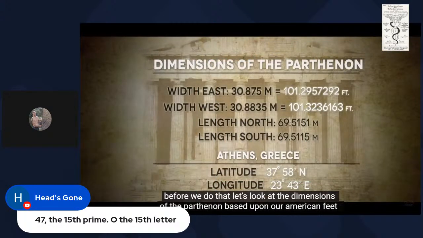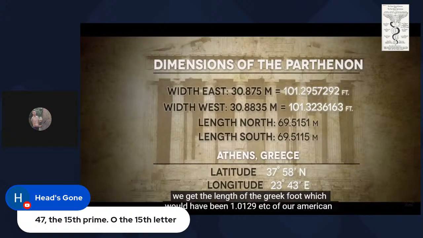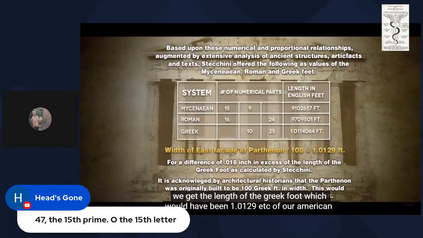Based upon our American feet that we use, the east facade is 101.2957 feet. So if we divide that by 100, we get the length of the Greek foot, which would have been 1.0129, etc., of our American, which are actually the British feet. Okay, I better write that down so we don't forget it.